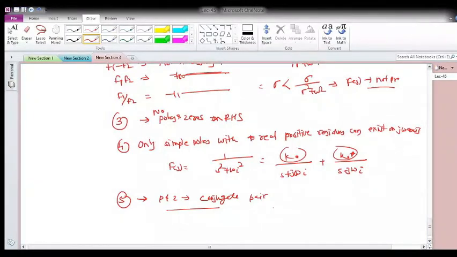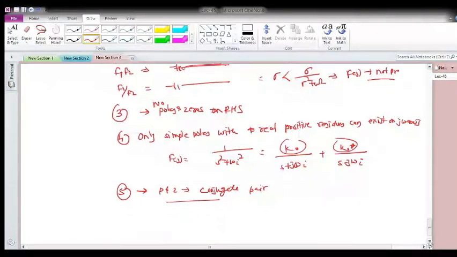Because if there is no conjugate pair, you will get imaginary values, and that means there would be imaginary kinds of elements, which don't exist. There cannot be imaginary elements in circuit theory applications, because all the elements are real. Means R, L, C all will be real values. So hence poles and zeros must be complex conjugate pairs.